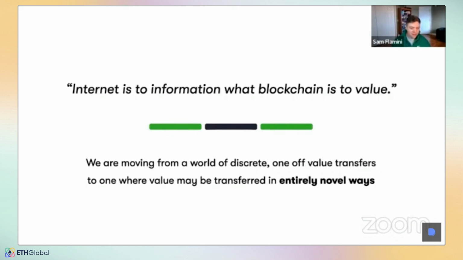So everything from I swipe a debit card and a set number of dollars or yen leave my account, or I give you a cash note, a physical piece of cash, right, or a piece of gold, right? That's it, all discrete value transfers, right? We're moving away from that to a world where value may be transferred in entirely novel ways.